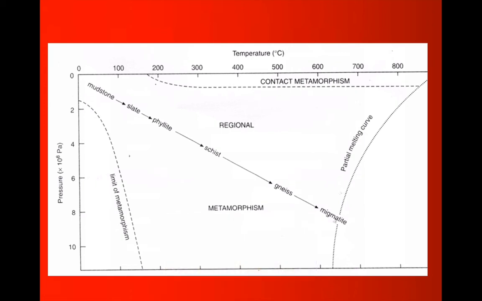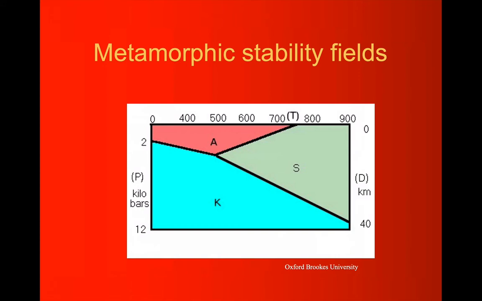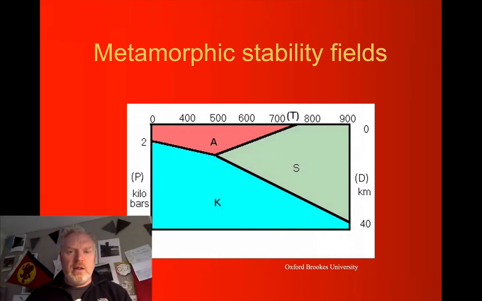Now we can develop this a little bit further. This is a graph. We're going to visit this in a little more detail a little later on in this topic. And this shows us the stability fields of a particular type of metamorphic mineral. These are all different forms of aluminium silicate, Al2SiO5. And there are three different forms of this.